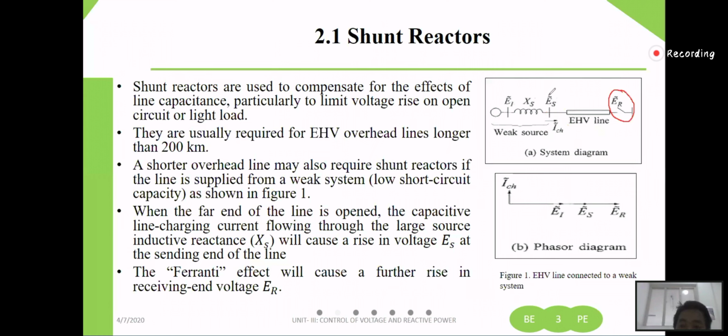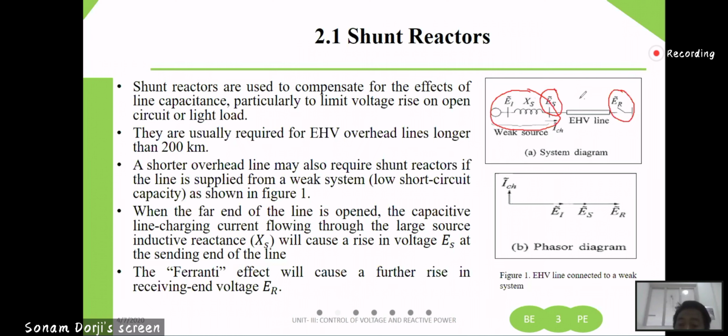When we open it, the capacitive line charging current flows through this source, having an inductive reactance XS, and will cause the rise of sending end voltage at the sending end of the line.